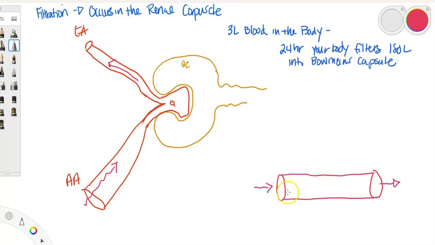So the pressure as it's going into the capillary bed is hydrostatic pressure. And that comes from blood pressure, right? And we know that when it comes in, it's at about 32 millimeters of mercury. And again, it's coming from the heart.